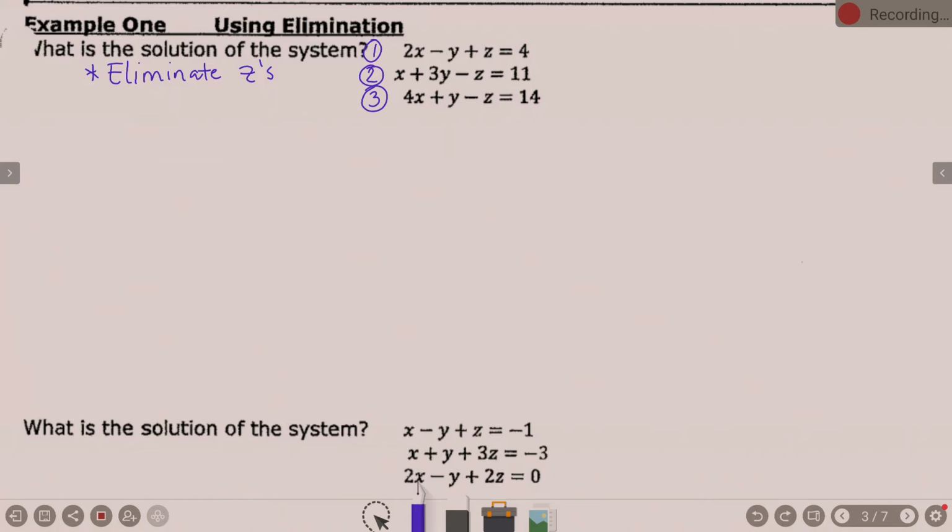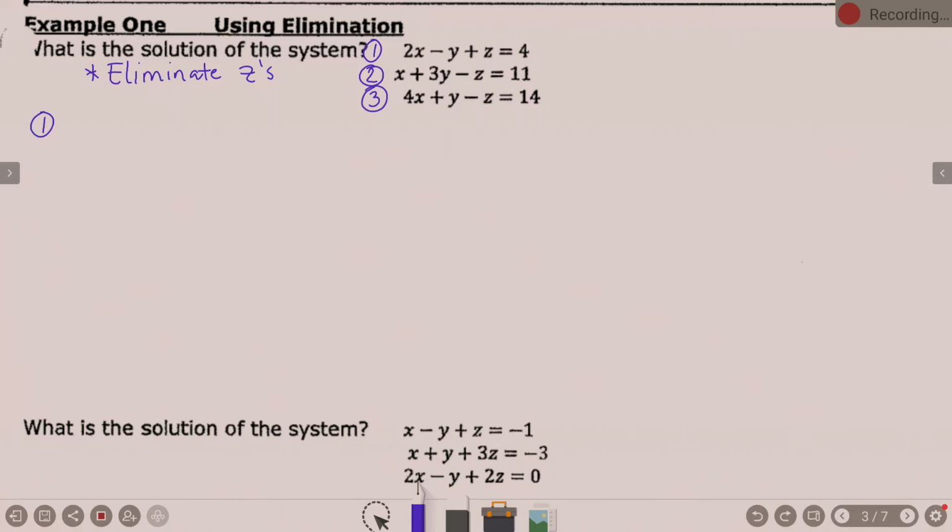What's a pair of equations that would go well together? 1 and 2, yes? You're not wrong. Why do you like putting 1 and 2 together? Because they're opposites. They're plus Z and minus Z, right?